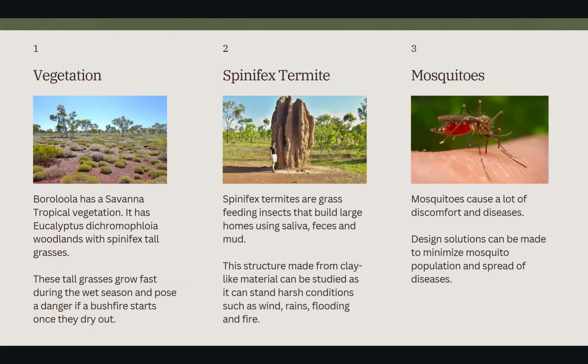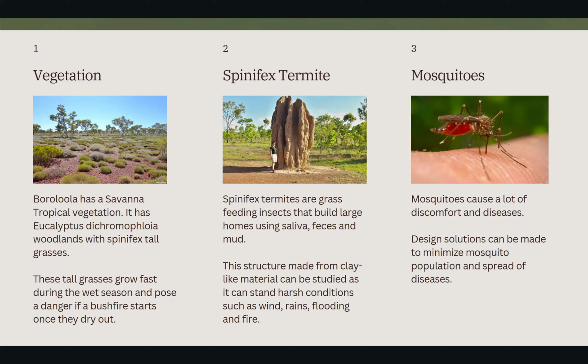Vegetation. Borolola's tropical vegetation means it has tall grasses that grow fast during the wet season and pose a danger if a bushfire starts once they dry out. The spinifex termites are grass-eating insects that build large homes using saliva, feces, and mud.